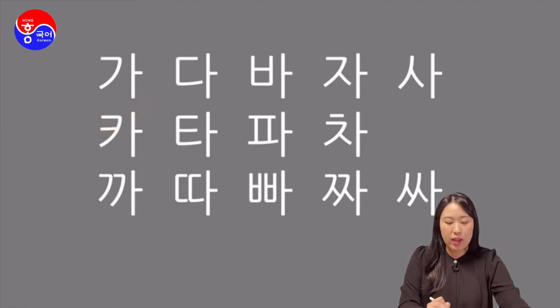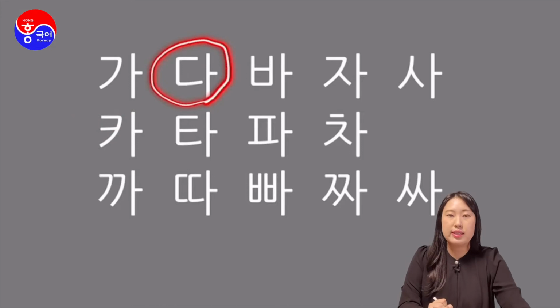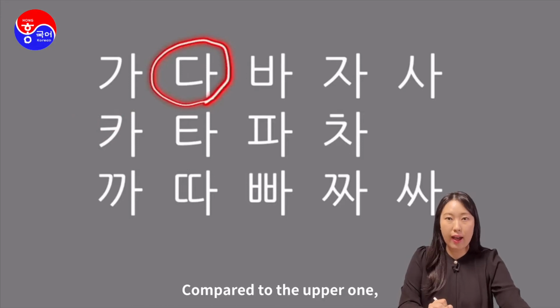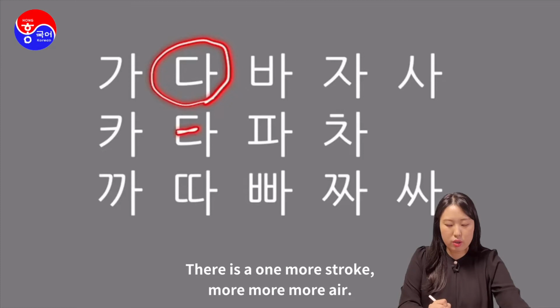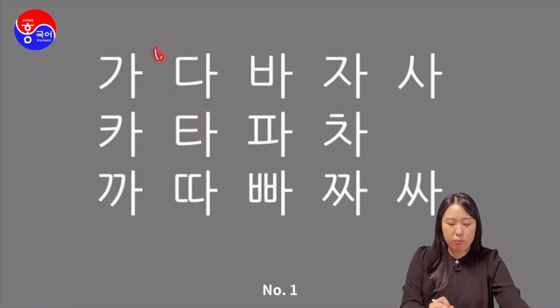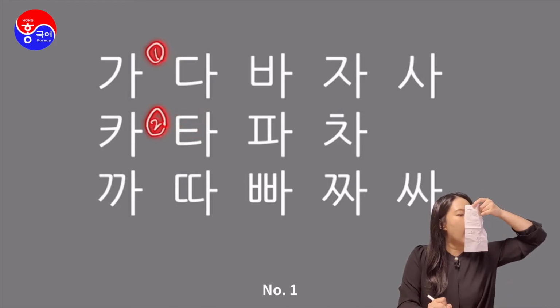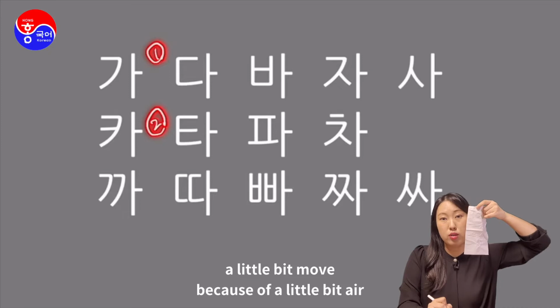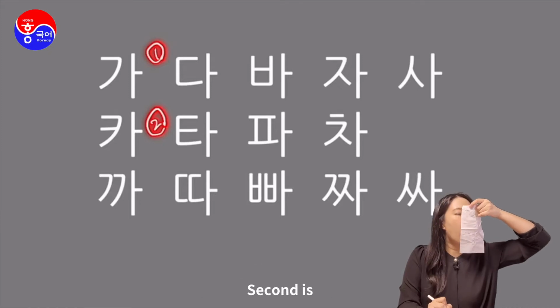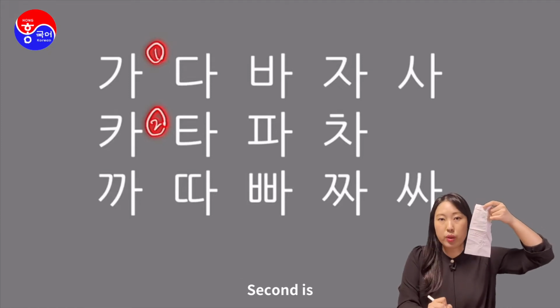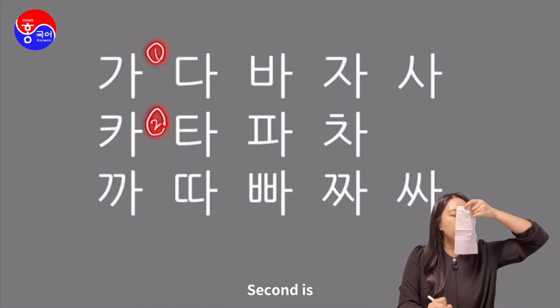Okay? And then this is ta. Compared to the upper one, there is one more stroke. One more stroke, more air. So number 1 is ta. So a little bit move because of a little bit air. And then the second one is ta.